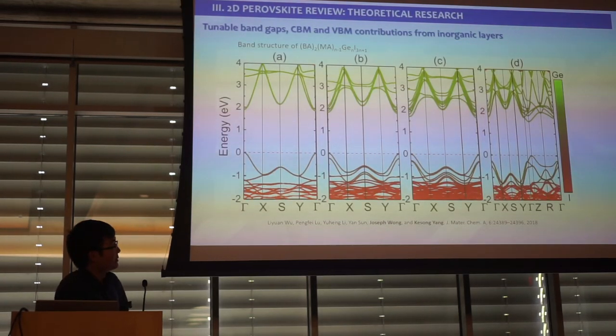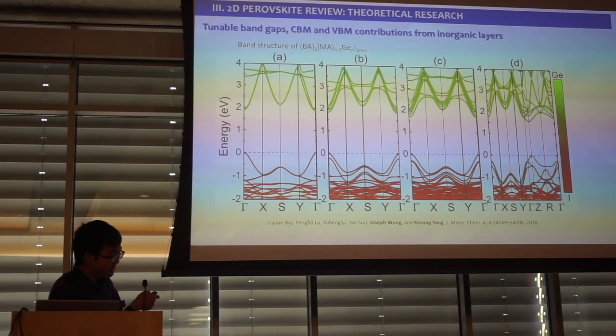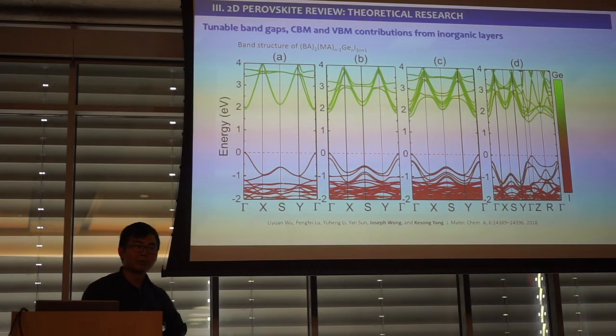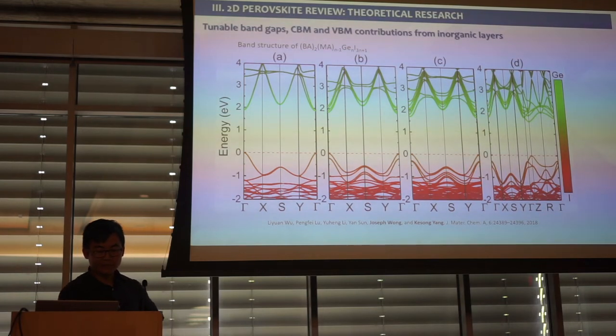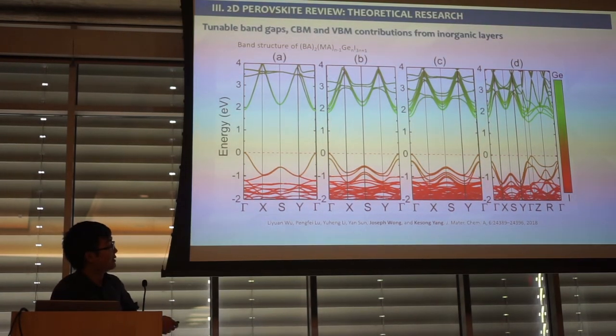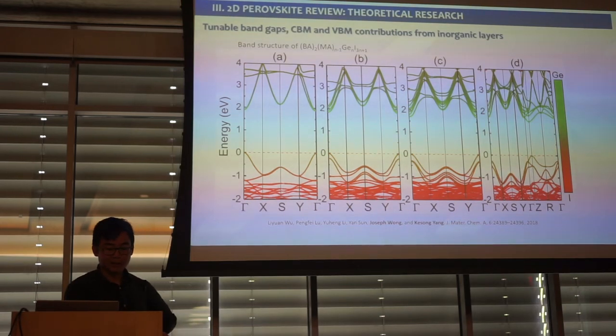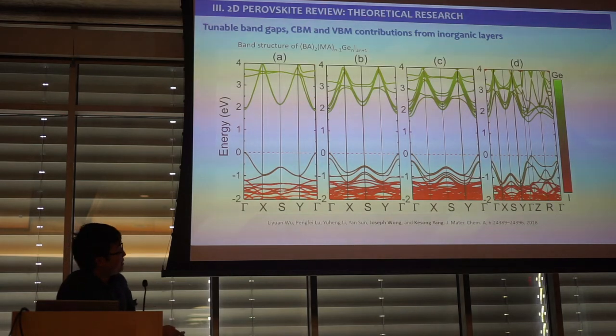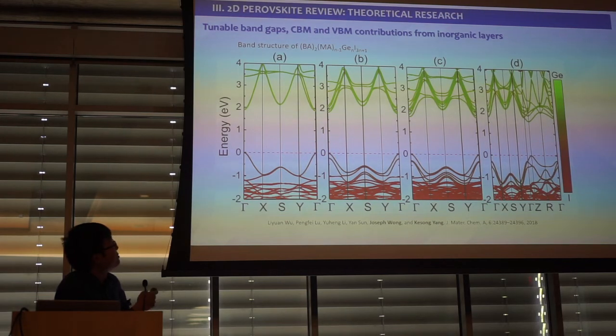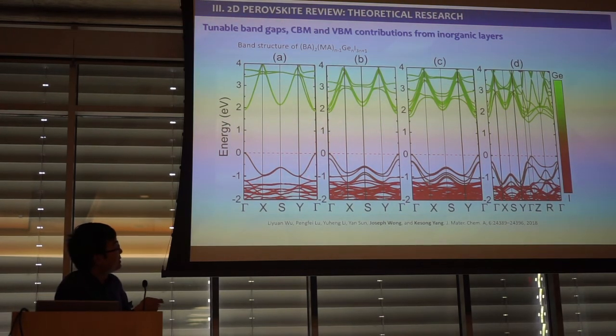Okay, so now I'm going to talk about some theoretical research. So generally, the theoretical research kind of confirms the experimental research. Many studies have shown the tunable band gap idea with increasing or decreasing dimensionality. So in this case, we have butylammonium, methylammonium, and germanium iodide 2D perovskite. And what we see here in these plots, so these are different band structures of the perovskite material depending on the n value.